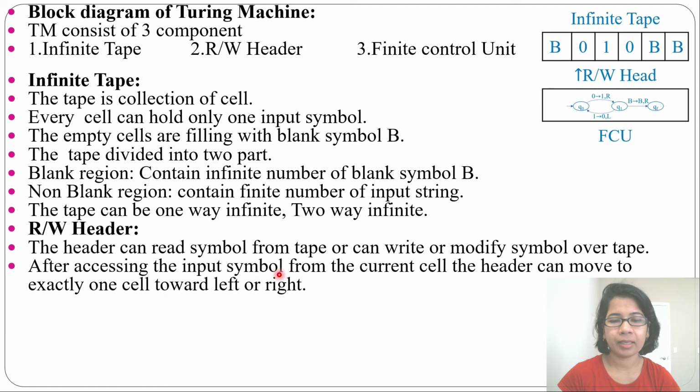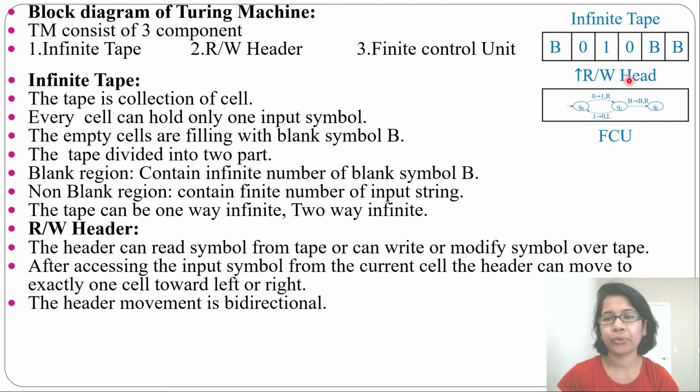After accessing the input symbol from the current cell, the head can move exactly one cell toward left or toward right. The head movement is bidirectional, meaning it can move in both ways, left or right. That's why it is bidirectional.